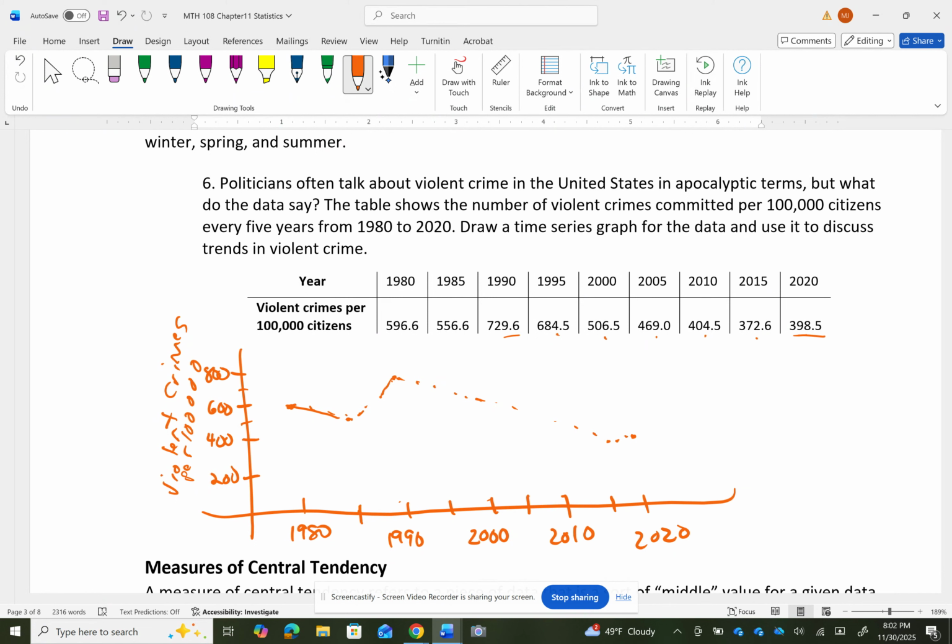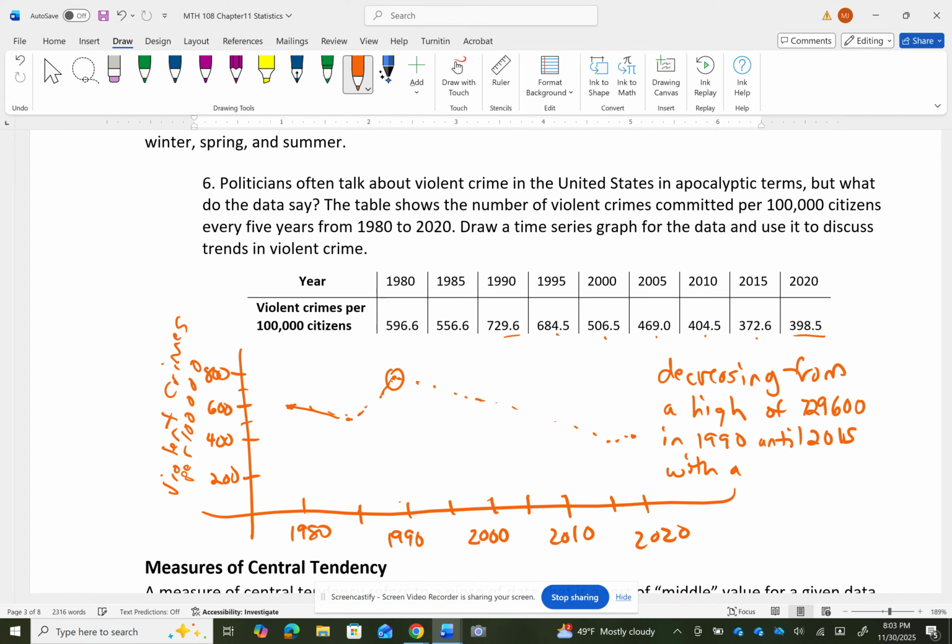So the violent crimes per 100,000 citizens were decreasing from a high of 729.6 in 1990 until 2015, with a slight uptick in 2020.